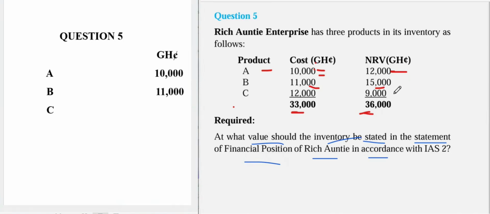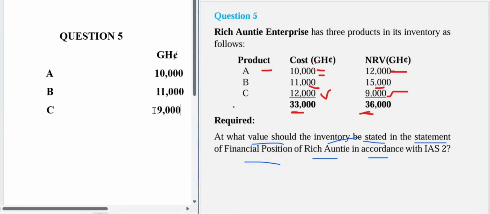So if you pick NRV 9,000 and cost 12,000, which one is the lower? The 9,000 is the lower. So that's the value that we'll be recording in our books. When you are done, just sum it up: the 10,000 plus 11,000 plus 9,000.